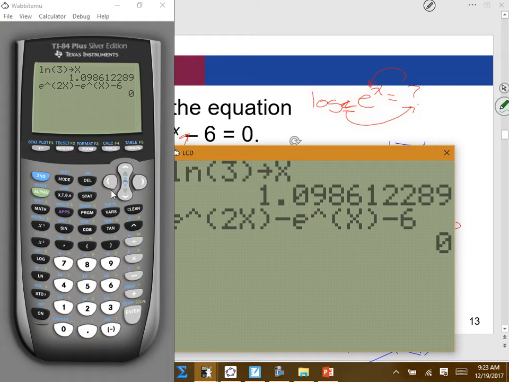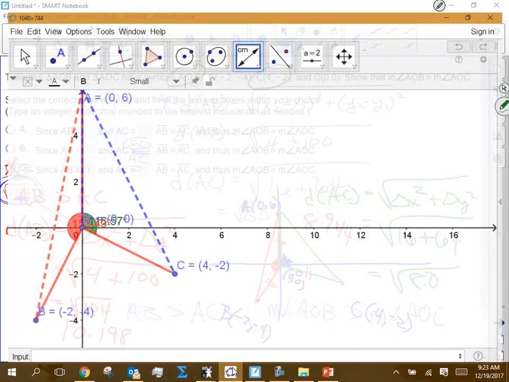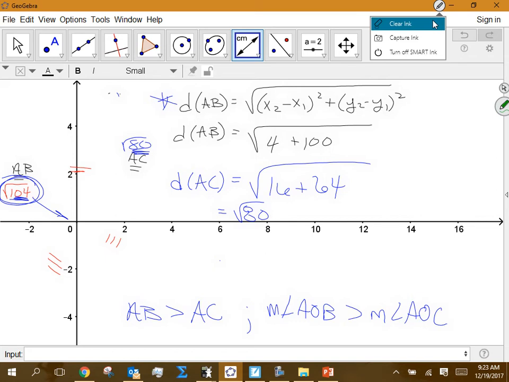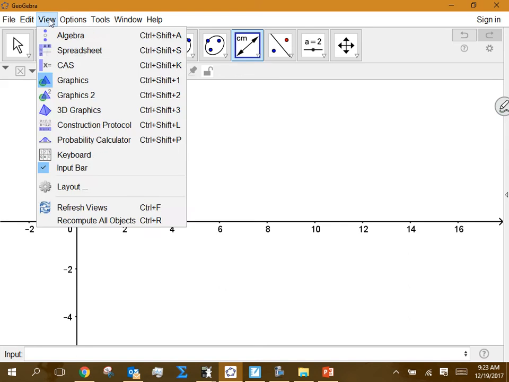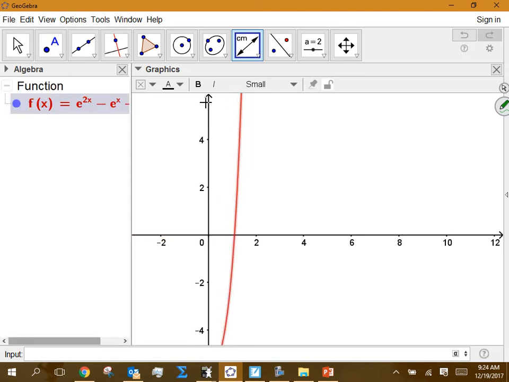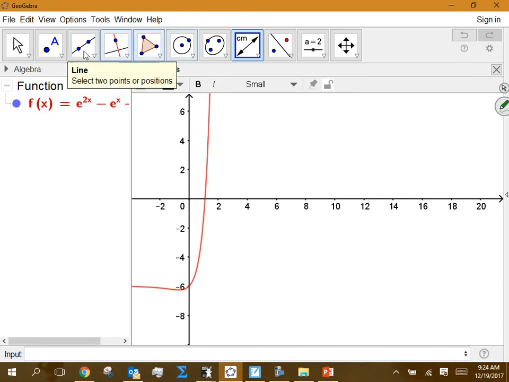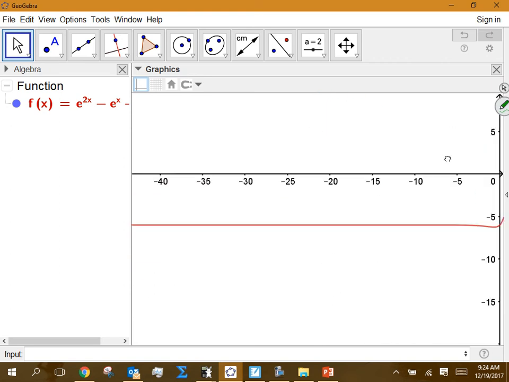Obviously, another way would be to graph this thing. Okay, let's see what e to the 2x minus e to the x minus 6 looks like. Kind of looks like that, right?